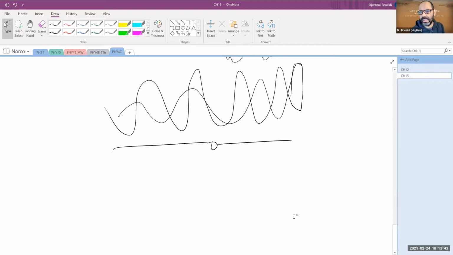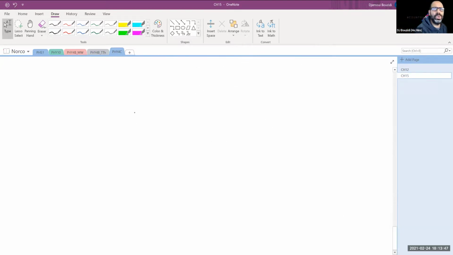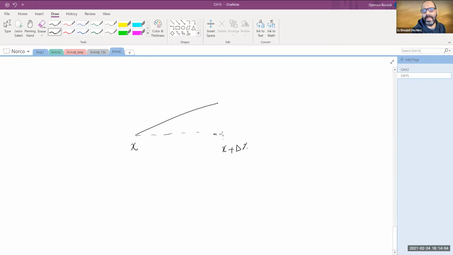So we have a string. I'm going to assume the string is long enough for me to take a part of the string. This is not the whole string. This is just a part of the string that was initially sitting horizontally. So this is the string initially. This is a point x in the string, and this is a point x plus delta x in the string. This is the x-axis, and this is the y-axis.